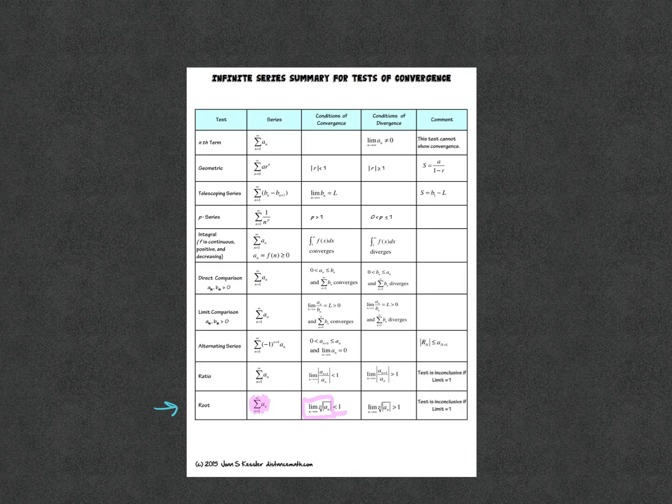If it's less than 1, then we have convergence. If it's greater than 1, then we have divergence, and you could add an infinity in here. And the test is inconclusive if the limit equals 1. You don't have to memorize this because you can use this reference, but make sure that you know how to use it. Let's go ahead and look at a couple of these problems.